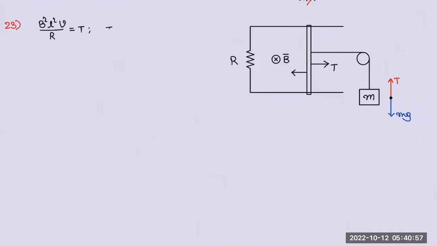We can say T must be equal to mg. Now equate them. Let us call this velocity the terminal velocity. Vt is equal to mgR by B square L square. This is the terminal velocity.